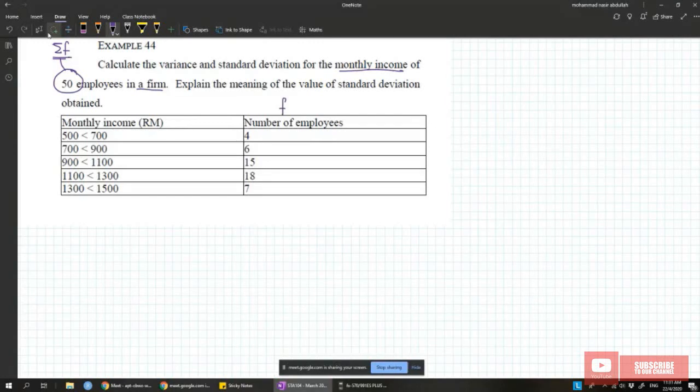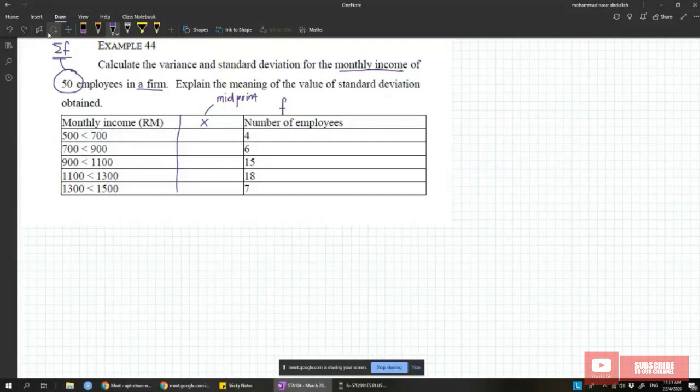Since in each class you have a class size, you need to find the value of x. The value of x is representing the midpoint.